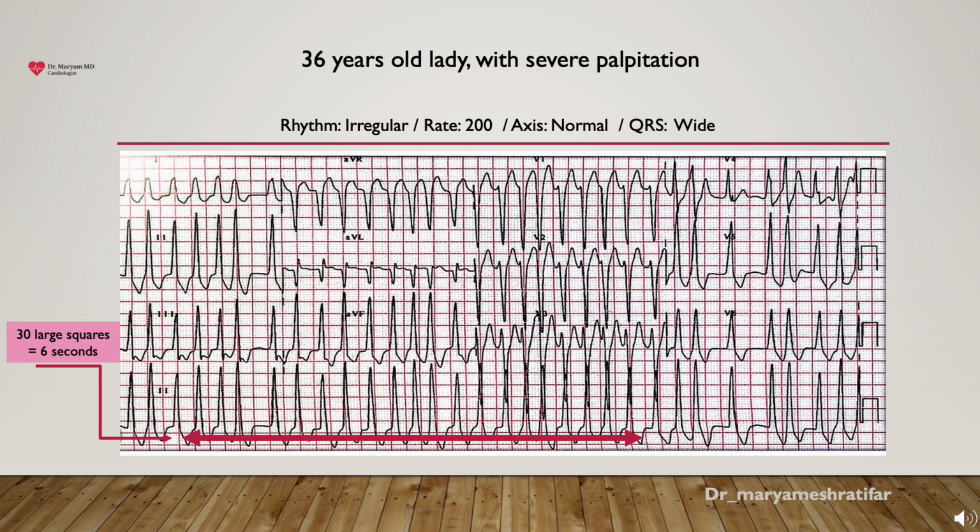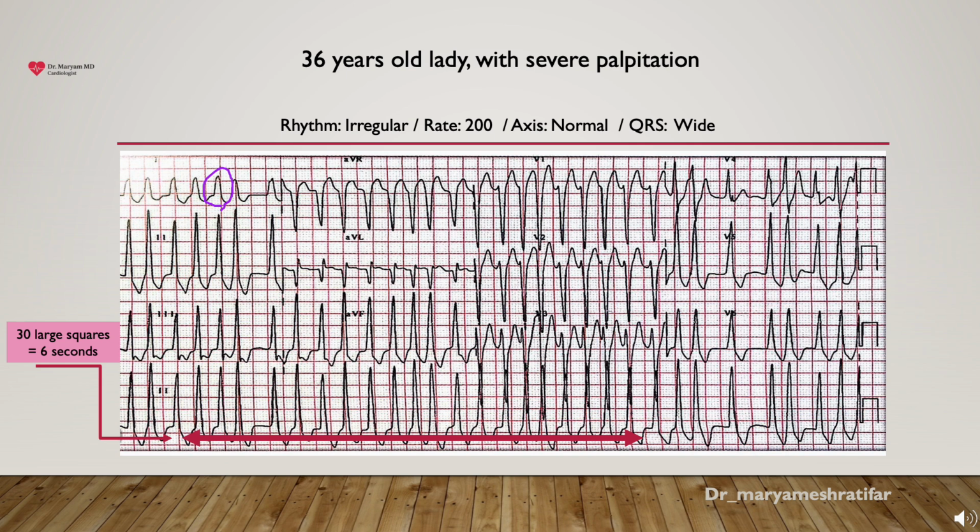And for the second question, do we have a narrow QRS complex or a wide one? As you know, the definition of a wide QRS complex is more than 120 milliseconds. The answers to these two questions lead us to the conclusion that this ECG represents an irregular wide complex tachycardia.